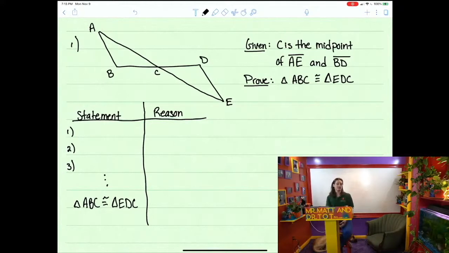So you would have to have at least 3 statements proving each one of those corresponding side pairs are congruent to each other, and then that would give you enough deductive reasoning to prove that one triangle is congruent to the other because of the side, side, side congruency postulate.